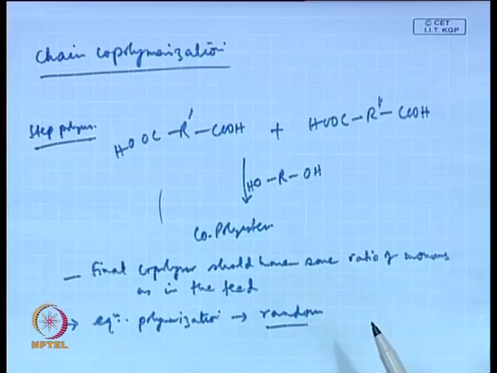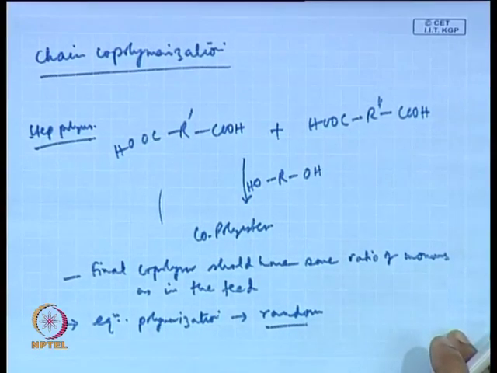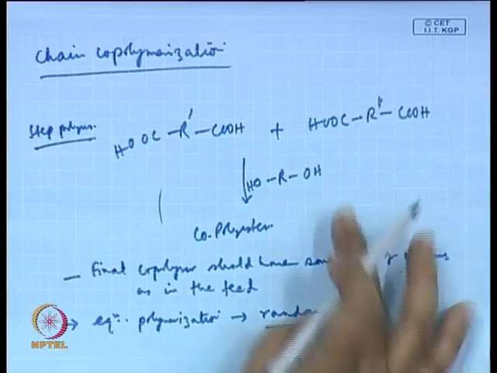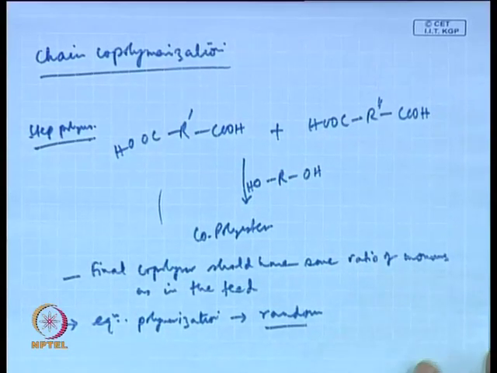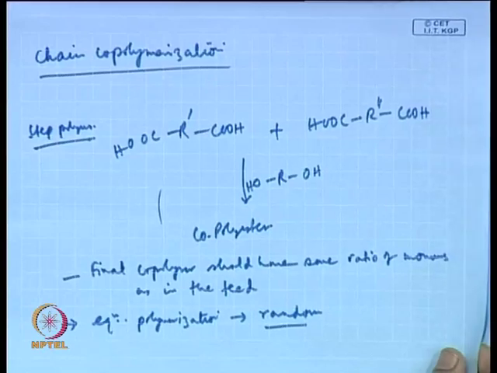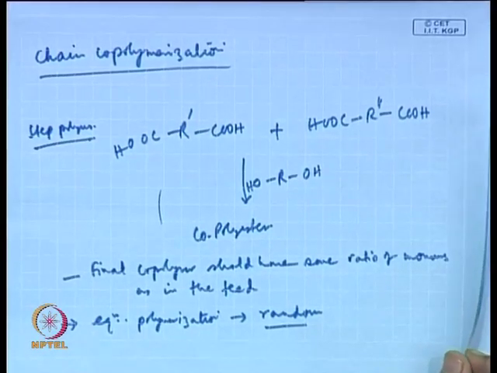If you take out the resulting polymer from the solution, then there is a possibility that you can get an arrangement of these two monomers other than random, for example, block nature. But in normal cases, step polymers always give you random copolymer.